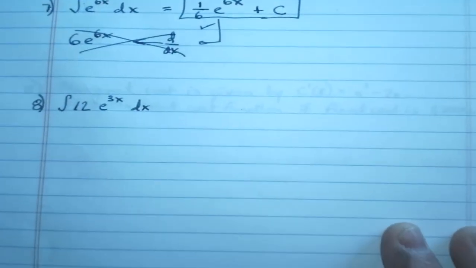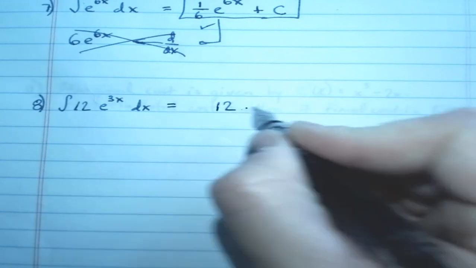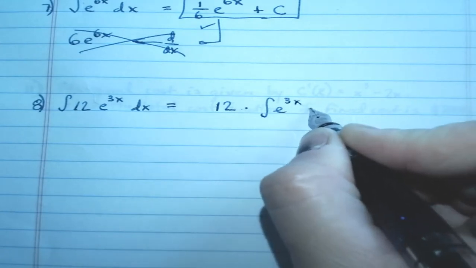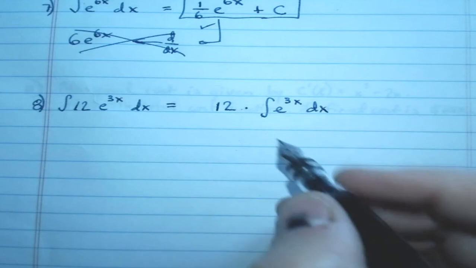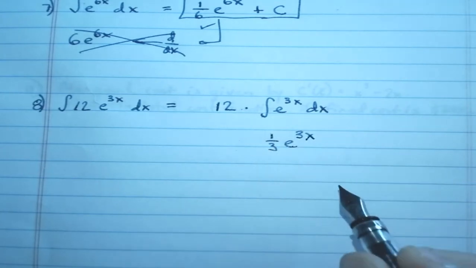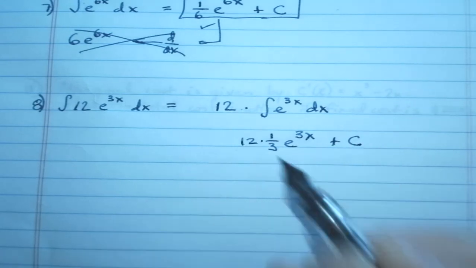And if you see my rules from my first video on antiderivatives, that follows the rule verbatim. How about number 8 here? Well, the first thing I'm going to do for number 8 is rewrite it as 12 times the antiderivative of e to the 3x dx. Well, I know the antiderivative of e to the 3x is going to be 1/3 e to the 3x plus c. And then I'm going to multiply by 12.